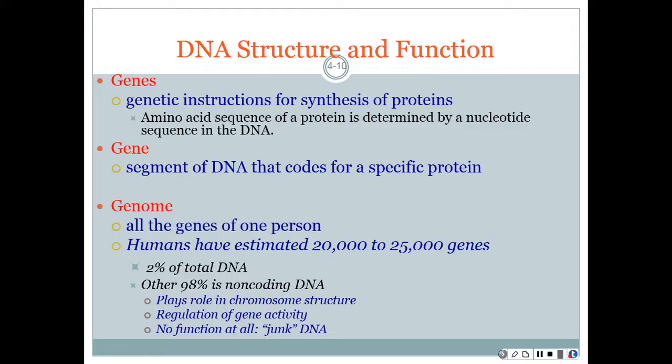Now, there's approximately 20,000 to 25,000 genes that an individual has. 98% of the DNA is non-coding, so its role is basically to help with the structure of the chromosome and to regulate gene activity. Then, of course, you have the junk DNA. And the last 2% is the coding DNA.